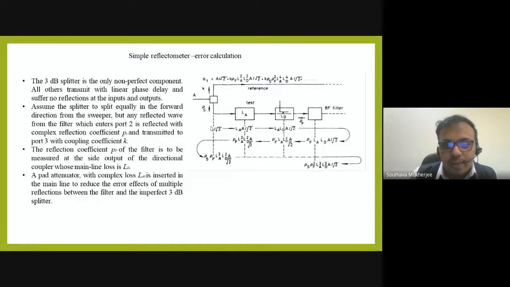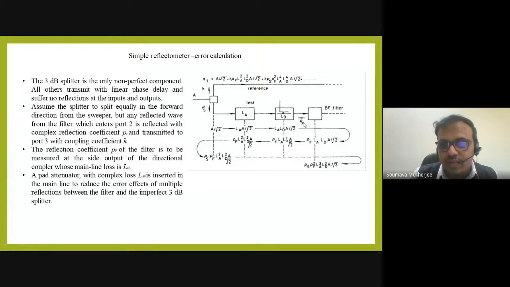So whatever wave is coming into this path will have a reflection coefficient of rho s. Okay, so what will happen if my incident wave is A? In this path, it is going A by root 2. Why A by root 2? Because this is voltage amplitude we are talking about. So this is an equal power splitter. That means both paths will have equal power. So voltage will be A by root 2. So A by root 2 went through the attenuator, so LA multiplied by A by root 2. Then there is insertion loss LD, so LA LD A by root 2, and it experienced a reflection.